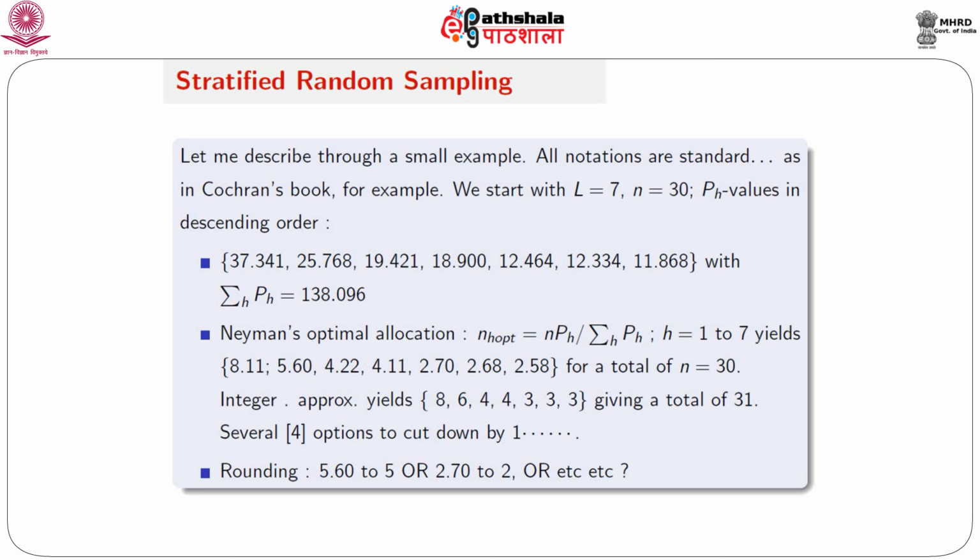That gives a total of 31, but our total is 30, so we need to cut down one of them. I wrote that there are 4 options to cut down by 1. Instead of rounding 5.60 to 6, we can round it down to 5. Or for example 2.70, which was rounded to 3, maybe we can round it to 2, etc. There are 4 possibilities of doing it.